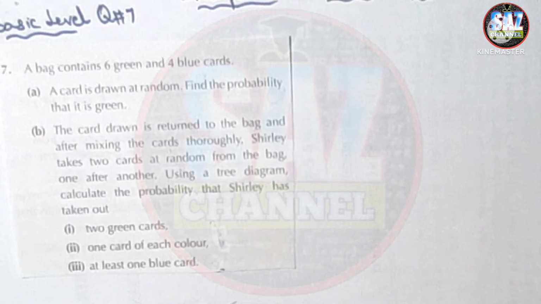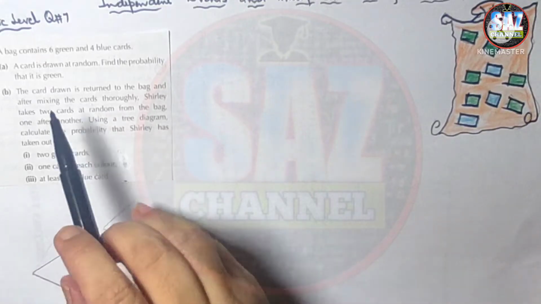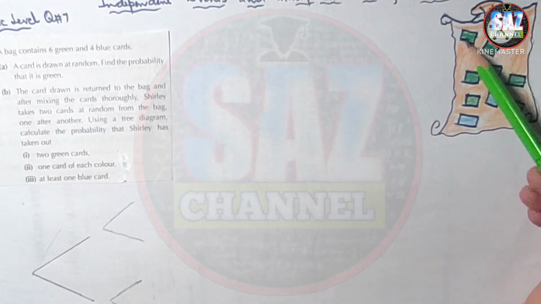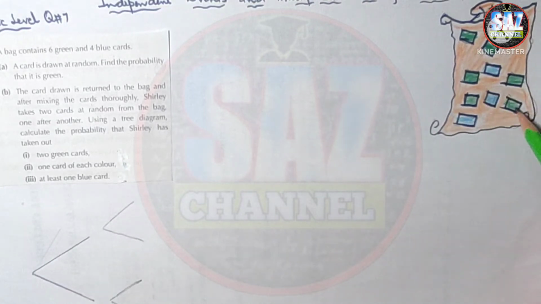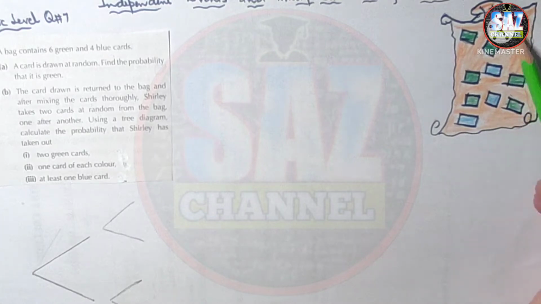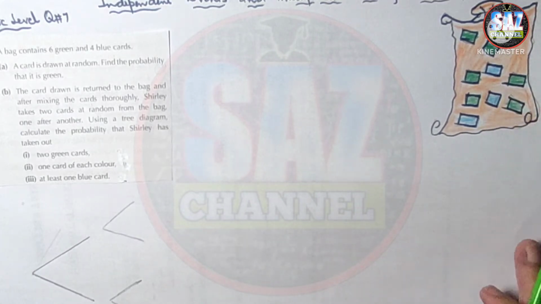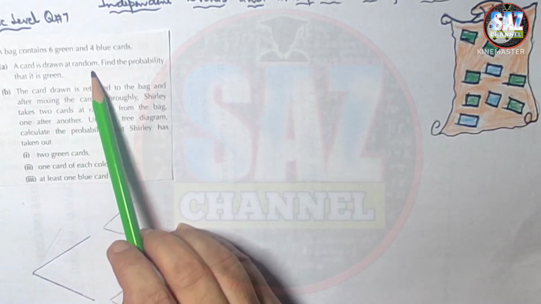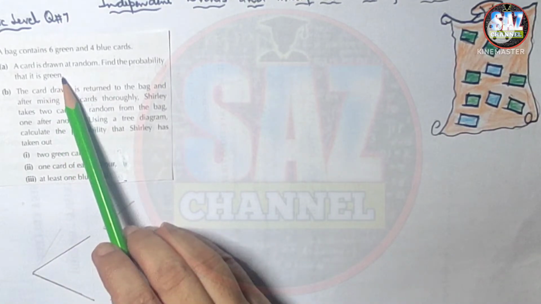The first part says a bag contains 6 green and 4 blue cards. Here we have a bag containing 1, 2, 3, 4, 5 and 6 green cards and 4 blue cards, and we have to pick a card at random and find the probability that it is green.